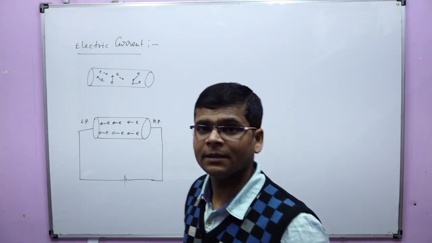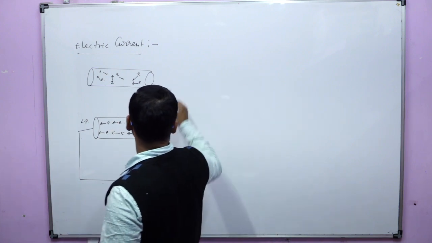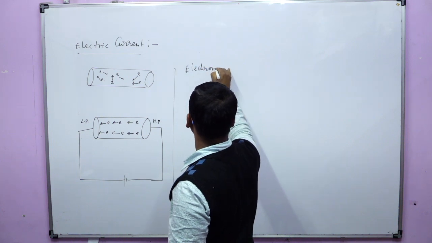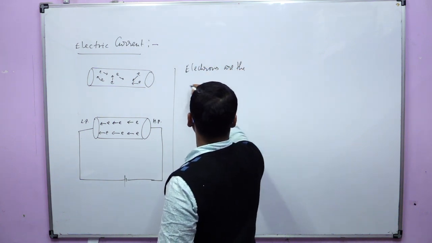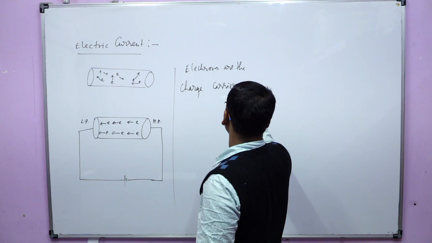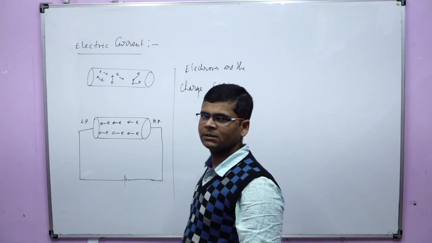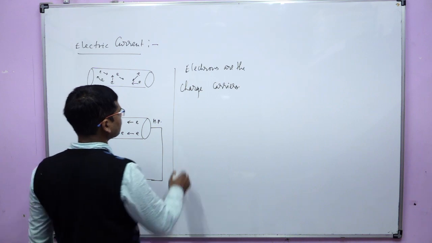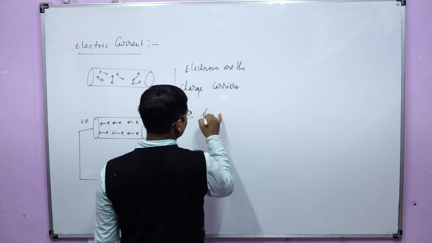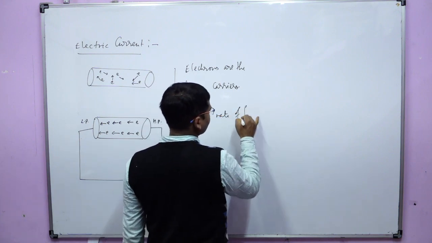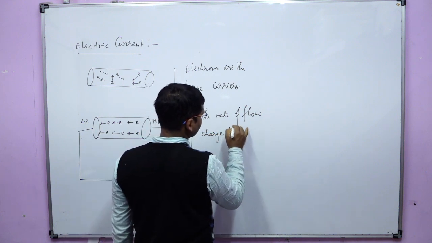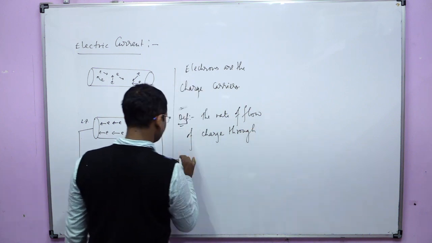So, what is current then? The first basic thing that you have to understand is that electrons are the charge carriers. Electrons carry the charge. Then what is current? Current is the rate of flow of charge through a conductor.